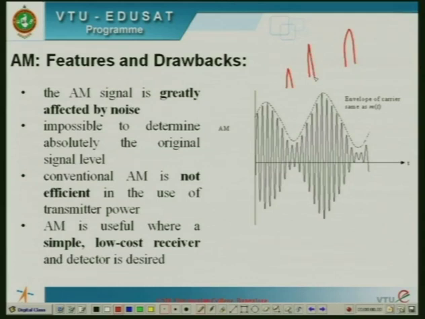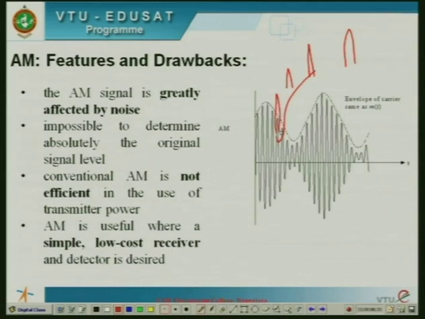If the noise frequency matches the carrier frequency, it will have an additive role. That means this noise will get added to the carrier signal, and instead of having this peak, your peak will be increased by this factor.